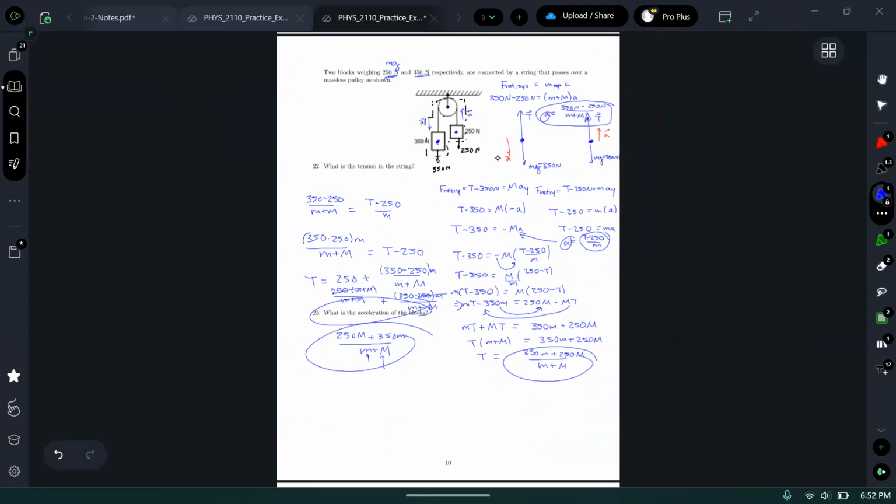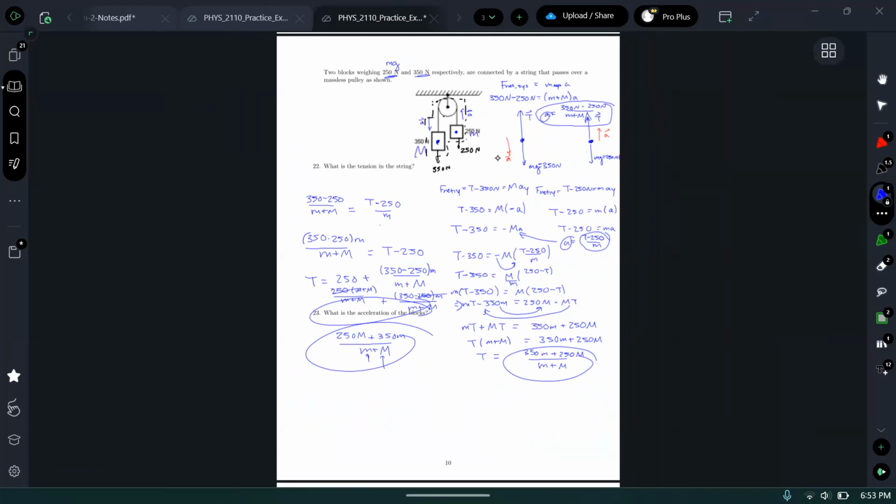Okay, that was a lot. Any questions on that? So little m and big M are the labels, but are they actually the numbers? I'm using them to represent the mass of the big block is big M, the mass of the little block is little m.